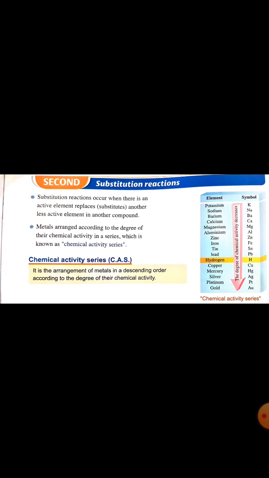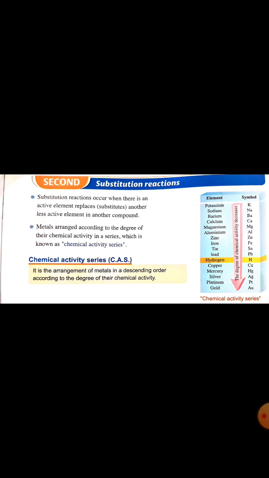All of them are metals except hydrogen. And as you can see, the degree of chemical activity decreases as we go down. So the most active metal here is potassium, while the least is gold.